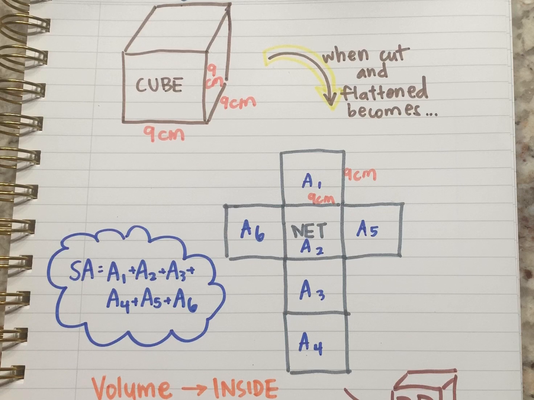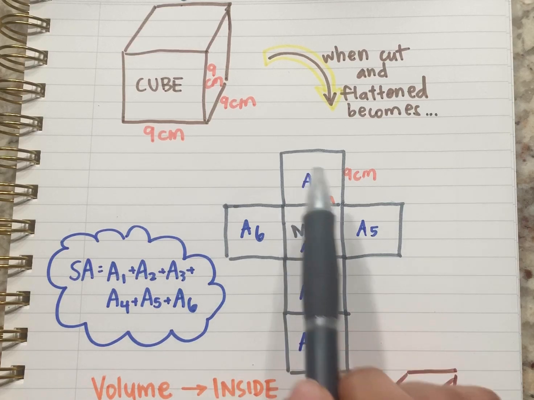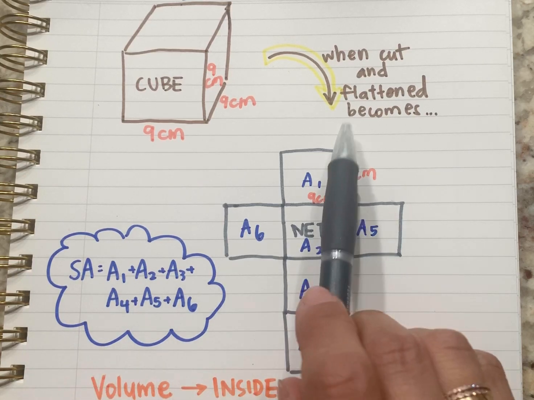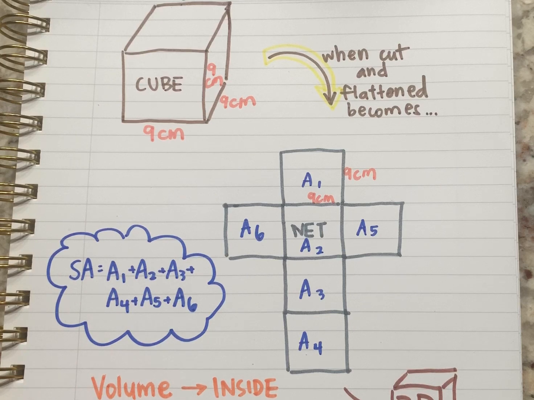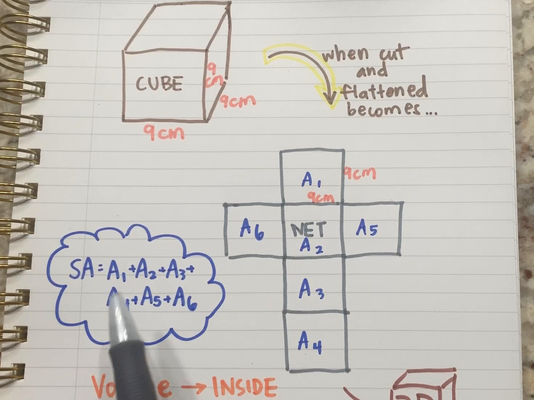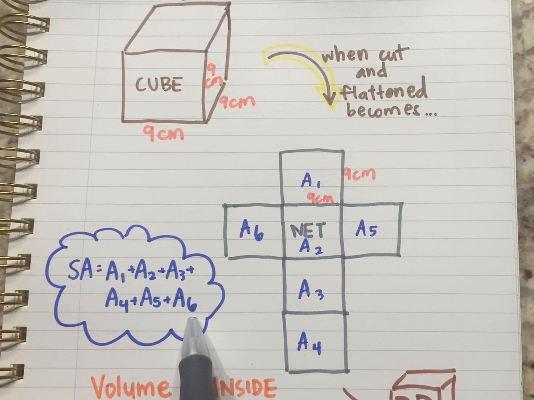All right, as you can recall from the Khan Academy video, surface area is the total areas from each one of the faces. So you have to add up all of the areas from each face of the prism. As you can see, it says SA, surface area, is equal to, for this particular net, A1 plus A2 plus A3 plus A4 plus A5 plus A6.